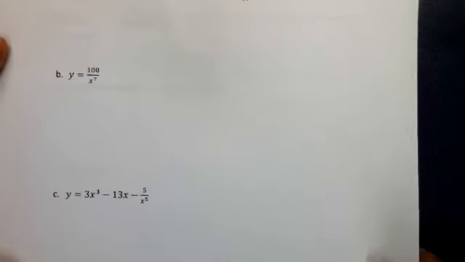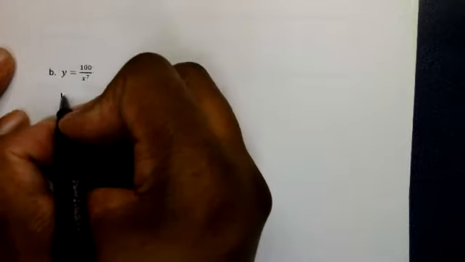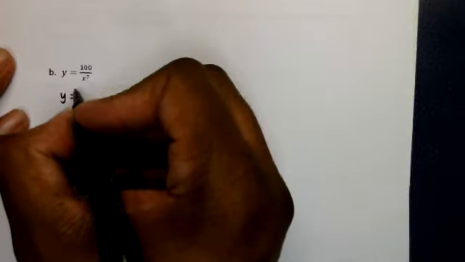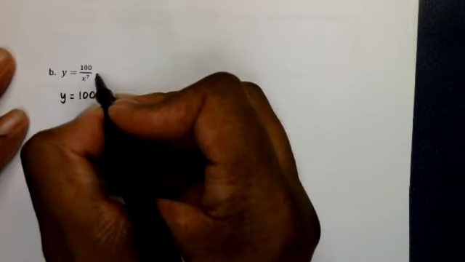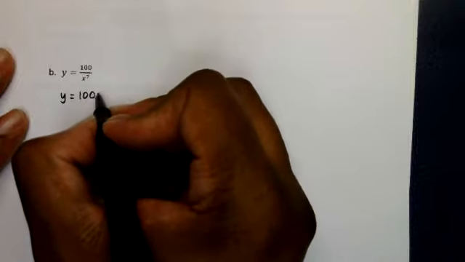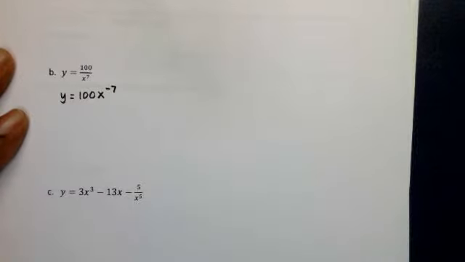Now in part B, we've got y equals 100 divided by x to the 7th. Well, let's write this using negative exponents here. So I have y equal to, write the 100, pull the x to the 7th out of the denominator, that exponent of 7 becomes negative. So I have y equals 100 x to the negative 7.